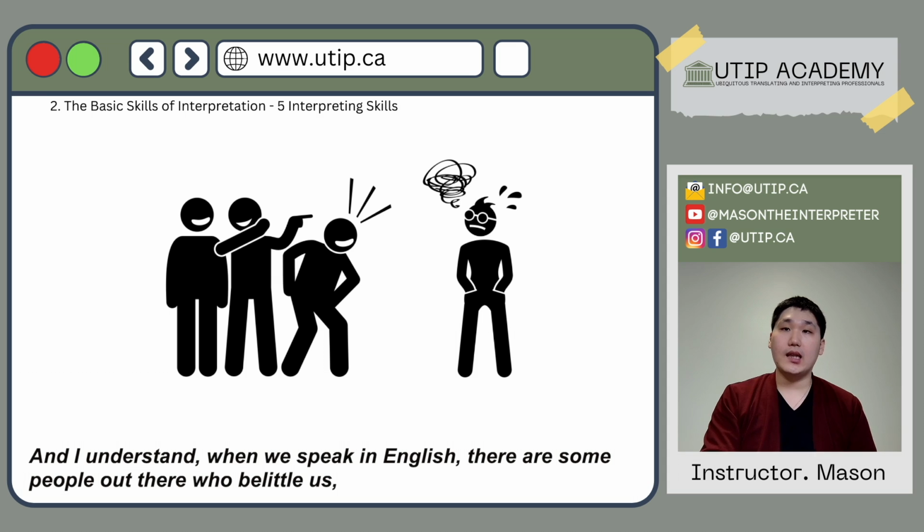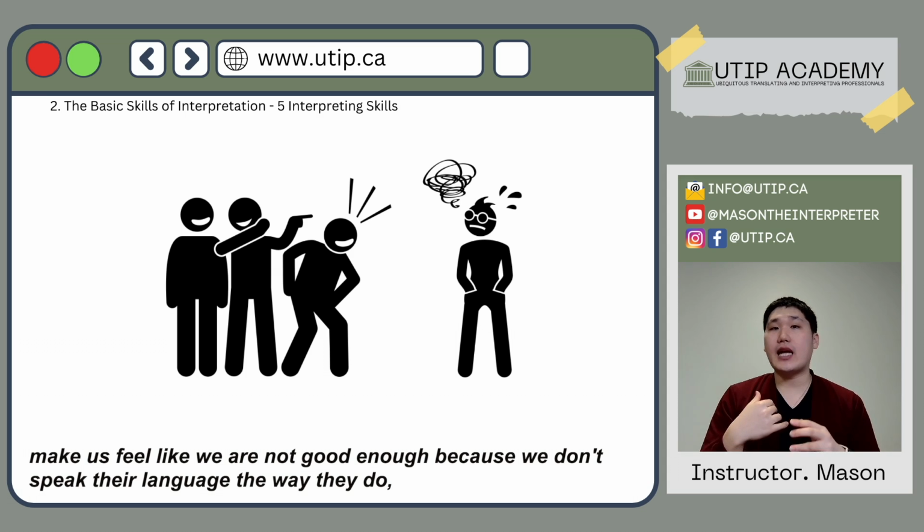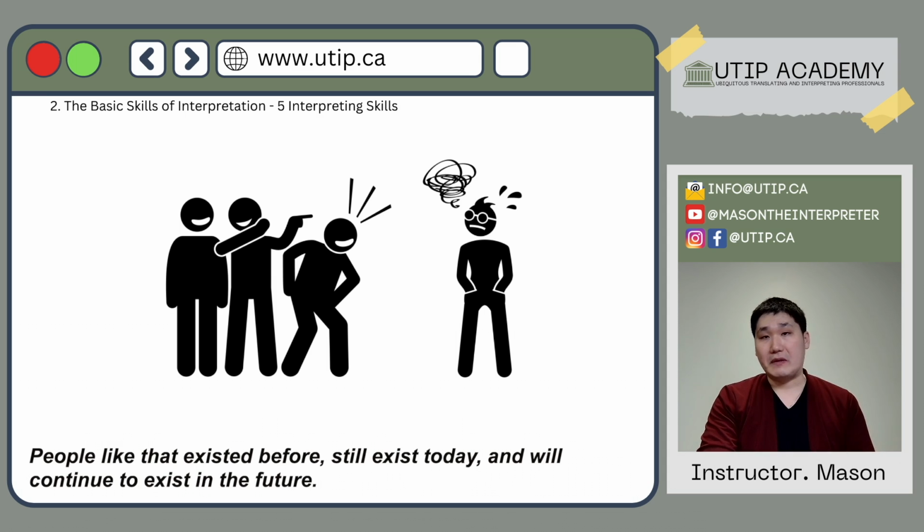When we speak in English, there are some people out there who belittle us, make us feel like we are not good enough because we don't speak their language the way they do, completely disregarding the fact that we speak another language on top of English. People like that exist before, still exist today, and will continue to exist in the future.